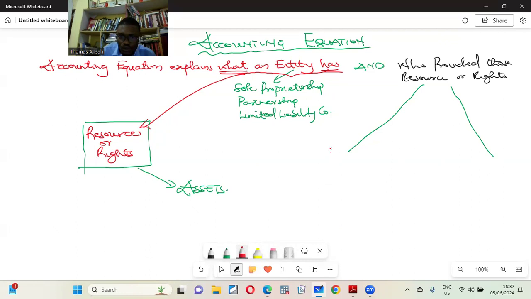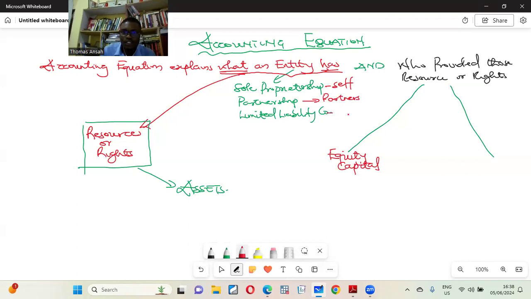So we call these ones equity capital. Sometimes we keep only the capital. Now, if the resources are provided by himself, or by these people, the partners, right?